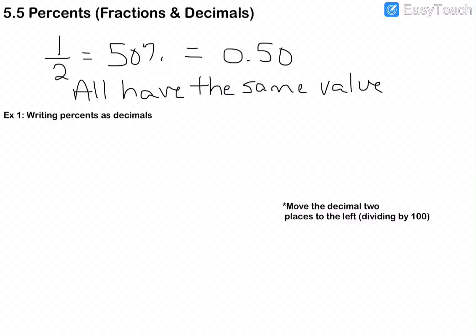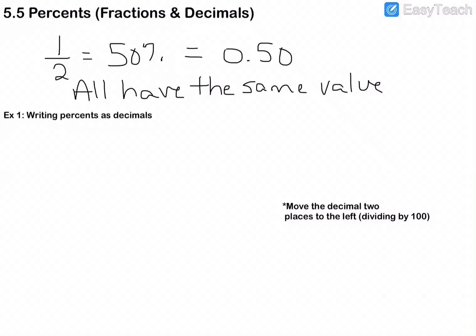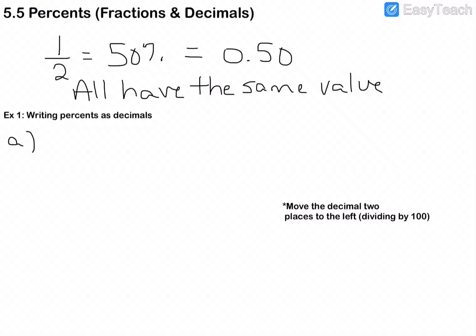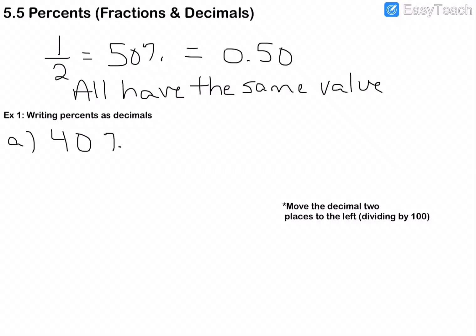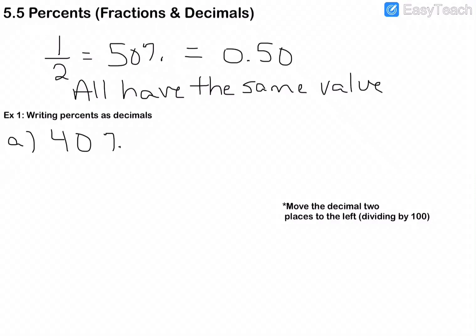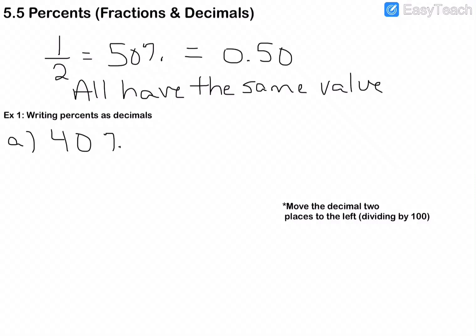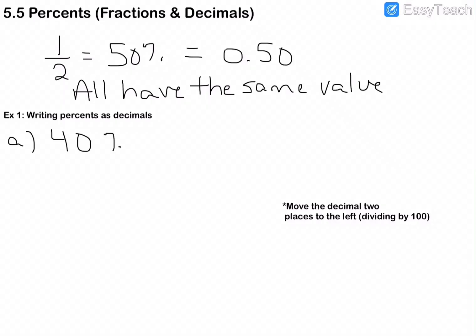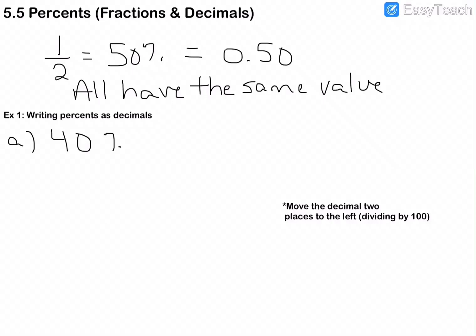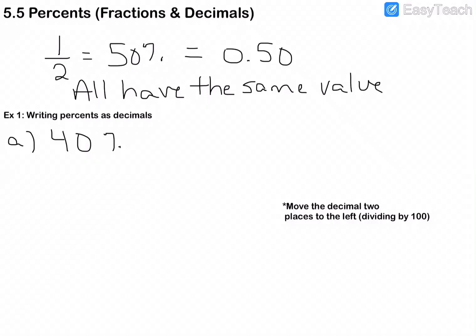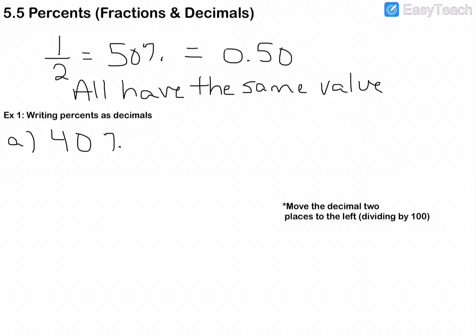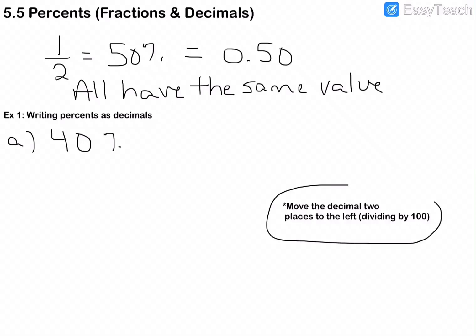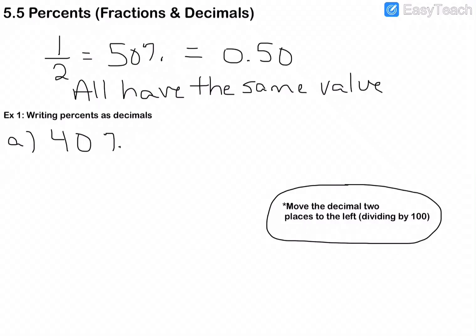So example 1, writing percents as decimals. When you have a percent, for example, we'll start with A, 40%. To write this as a decimal, you are doing the same thing as dividing by 100. You are taking 40 and dividing by 100. An easy trick to do that, so you're not needing to use a calculator or write it out to the side, is to move the decimal 2 places to the left.